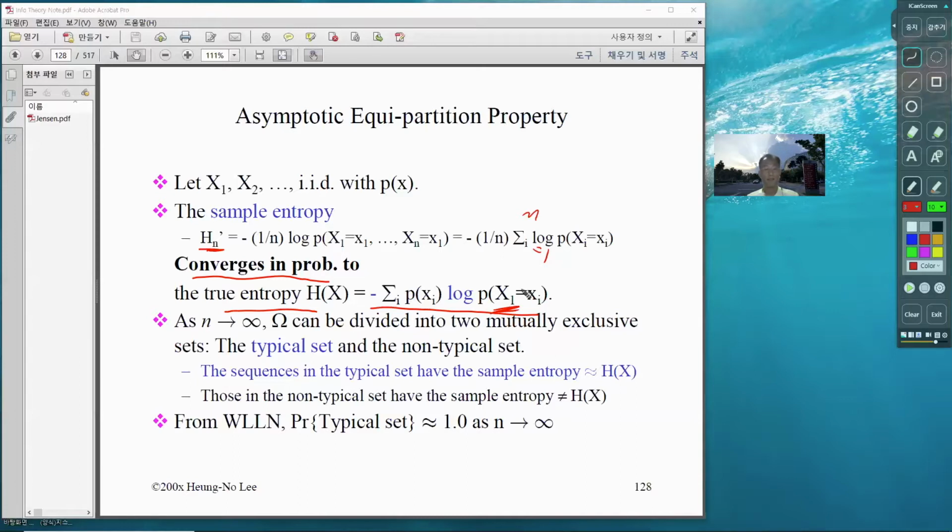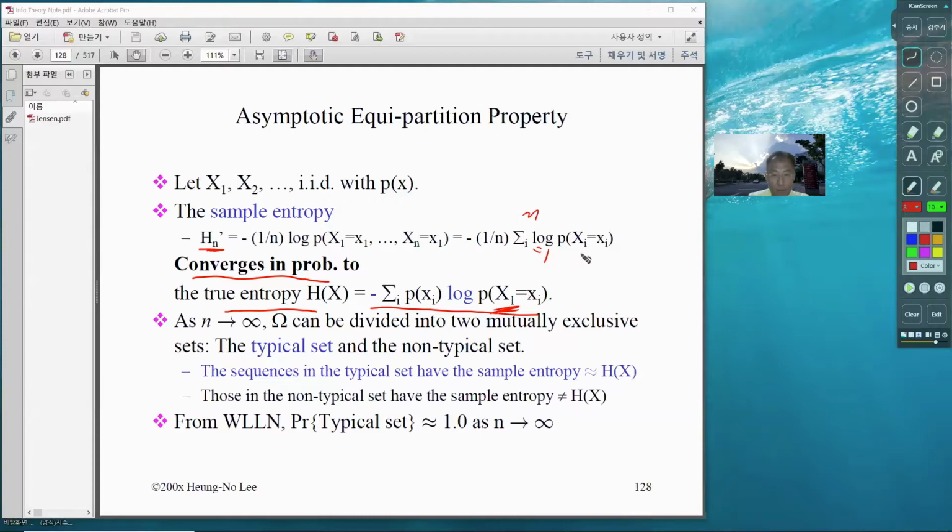Here, i is actually over the alphabet of x, or alphabet of x1.